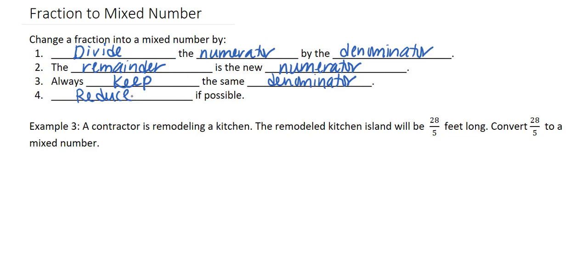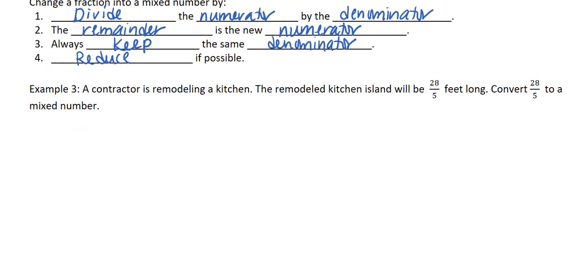So now let's go ahead and look at example 3. A contractor is remodeling a kitchen. The remodeled kitchen island will be 28 over 5 feet long. Convert 28 over 5 to a mixed number. So what are we going to do? Well, we're going to look at 28 over 5. This is our numerator. We're going to divide that by the denominator.